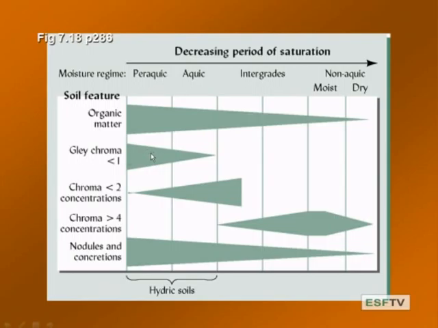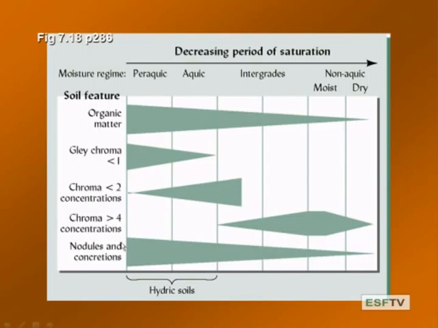If you have chroma less than 2 in concentrations, you get some of that in aquic moisture regimes. So what's a concentration? A concentration is a small spherical collection of iron. Nodules and concretions are the same kind of thing. A nodule is very round and hard, like a BB, and a concretion is like a BB that's layered.